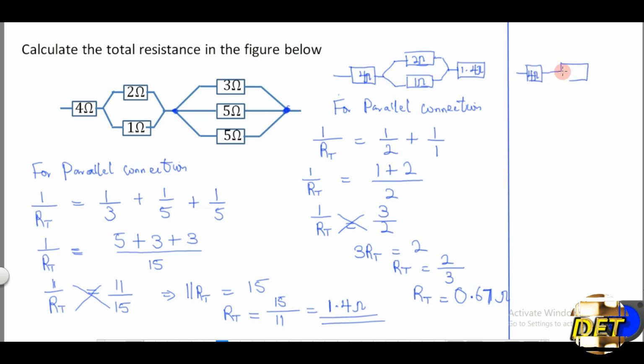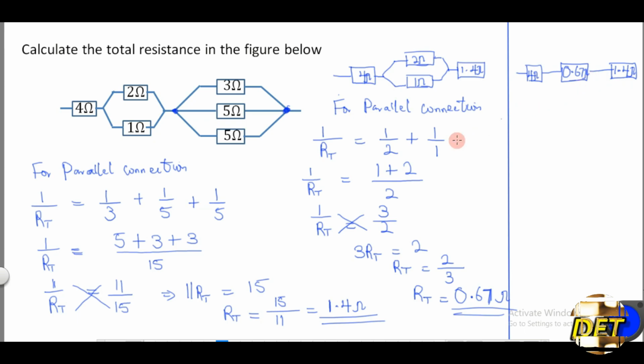I have resolved this 2 and 1 ohm into a single resistance since they are in parallel connection, right? And what I got is 0.67 ohms. Then another connection, which is 1.4 ohms, right? So I have resolved everything to be in series with one another.